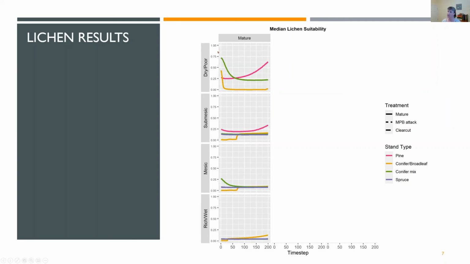Lichen suitability is along the y-axis, and it extends from 0 to 1, so it's a relative scale of suitability, where 1 is the highest cover of lichen that we'd expect to see in this region. And then the colors represent the different stand types. So the pink line is pine, the green line is a conifer mixed stand, and the yellow orangey line represents broadleaf stands. On these richer stands, there's also a purple line that represents the spruce.